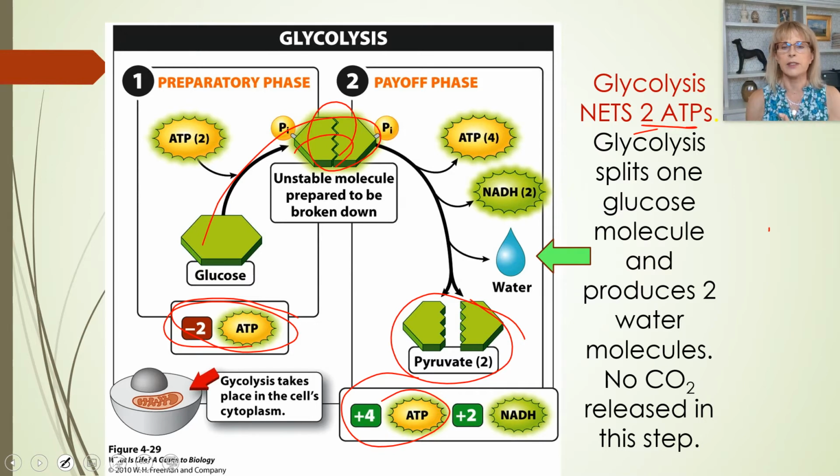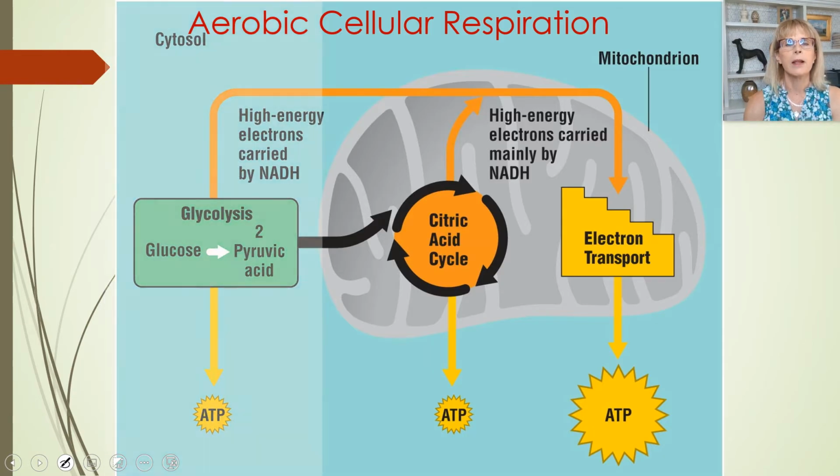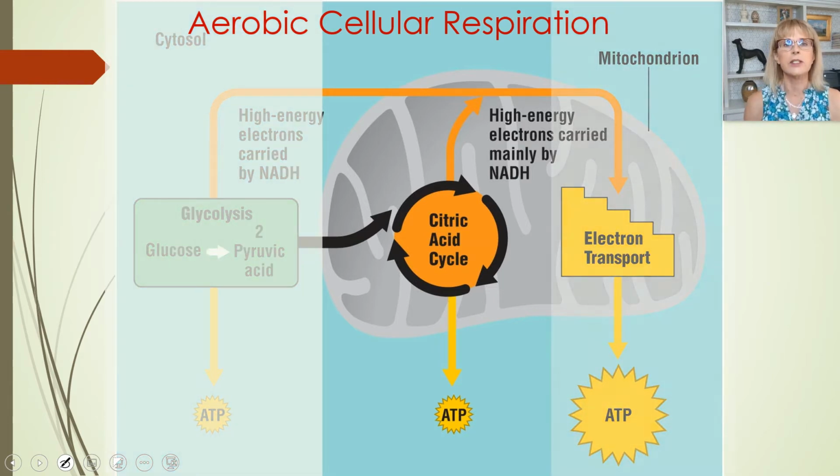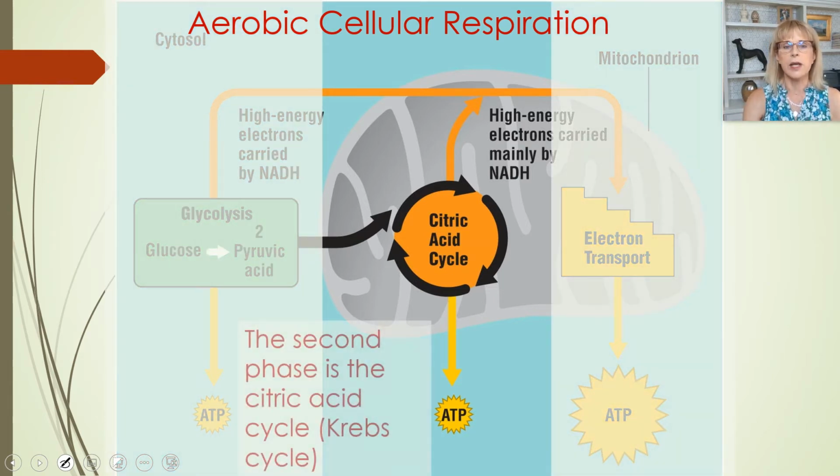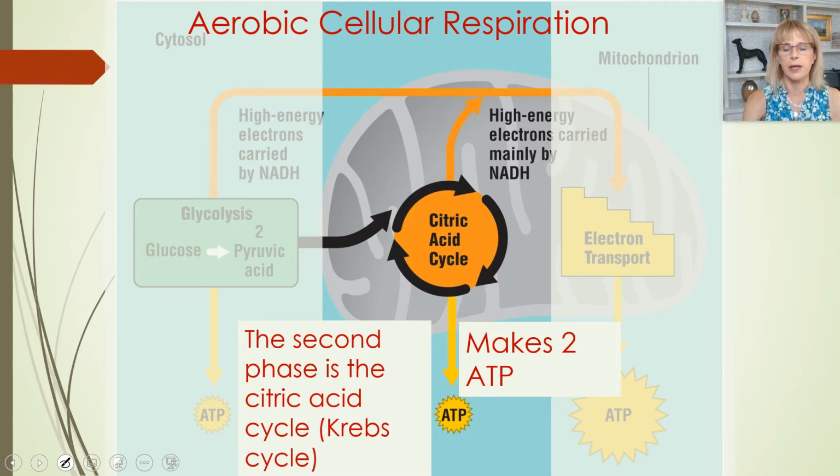Pyruvates are pyruvic acids. It's interesting that a little bit of water gets made in this step, just a little bit, not very much, but we're not using oxygen and we're not making CO2.